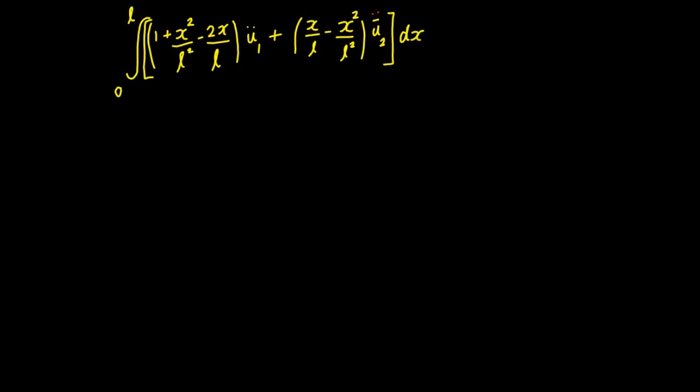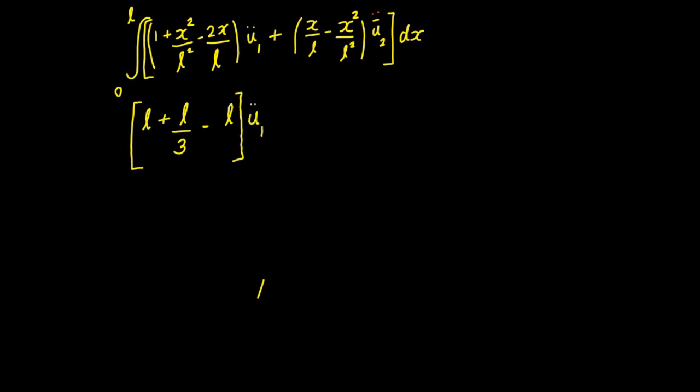So in the next step, I'm going to integrate and substitute the limits directly. If I integrate 1, I get x, and if I substitute the limits, I get L for the upper limit, and the lower limit becomes 0. Plus x cubed by 3L squared, so that becomes L over 3, minus x squared by 2, so that becomes L, into u1 double dot.